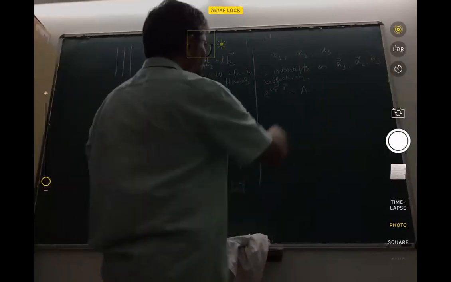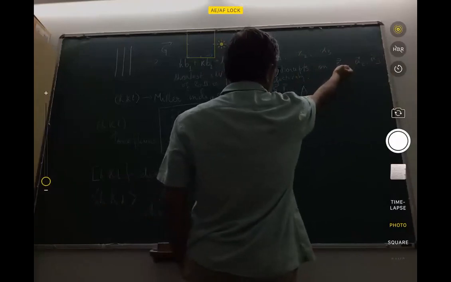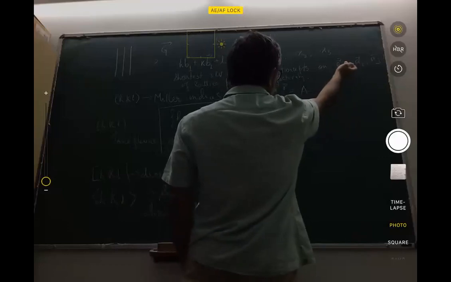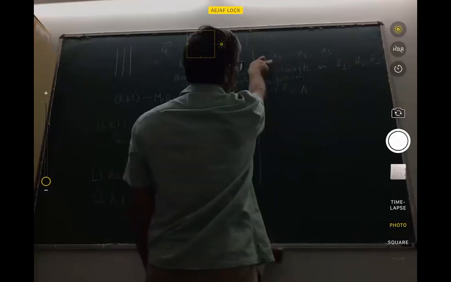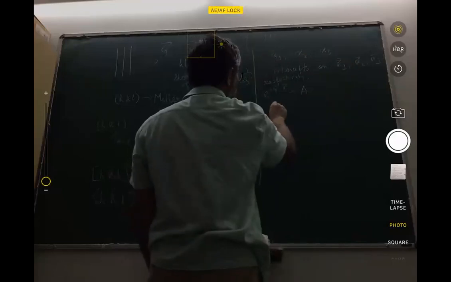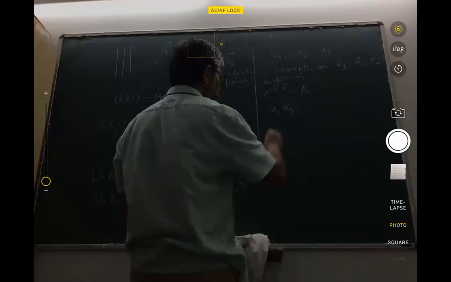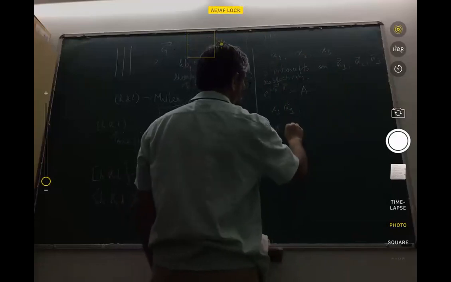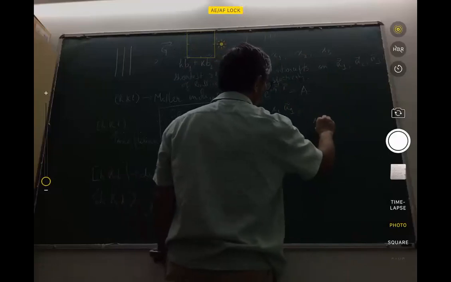Then what is the coordinate at the point where these lattice planes intersect the A1 axis? I said the intercept is x1, so it is x1 A1. Similarly, on the A2 axis it is x2 A2, and on the A3 axis it is x3 A3.